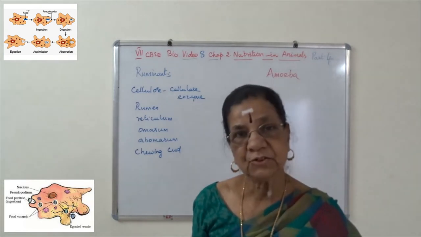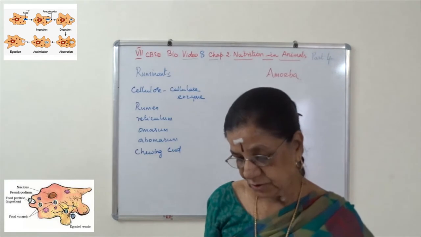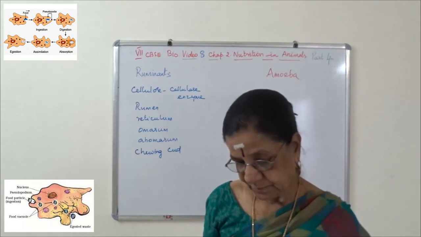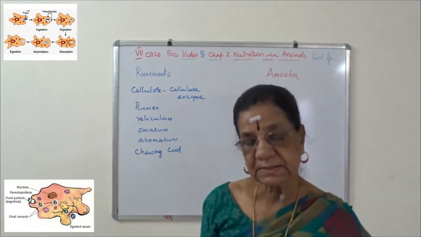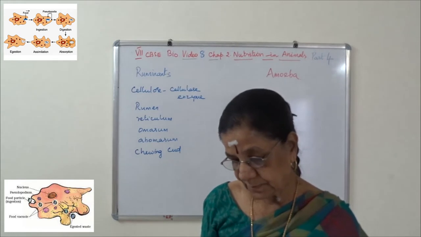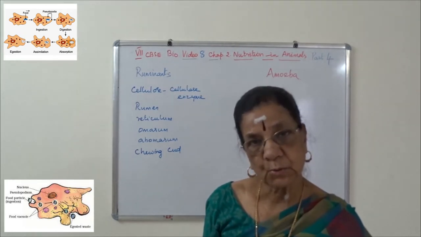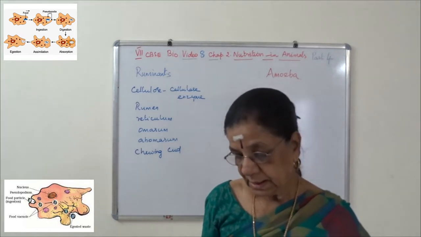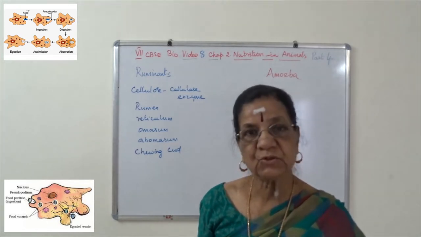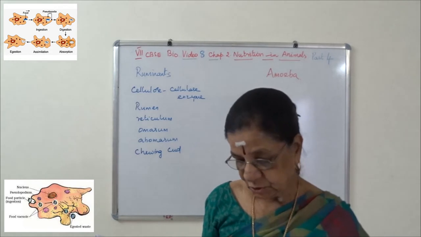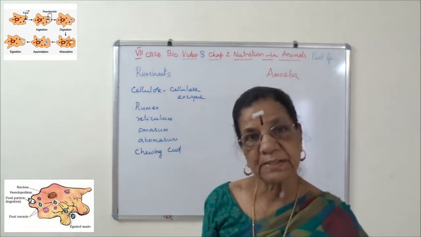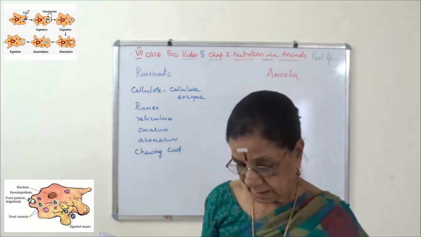That is only chewing the cud. Actually, they quickly swallow the grass and store it in a separate part of the stomach, and that is called rumen.